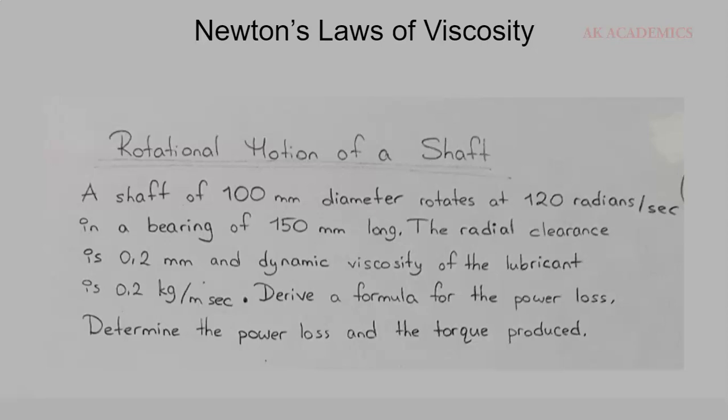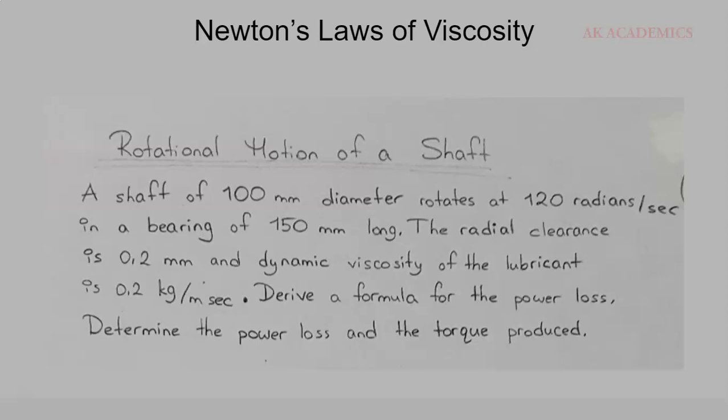A shaft of 100 millimeters diameter rotates at 120 radians per second in a bearing of 150 millimeters long. The radial clearance, which is our h, by the way, is 0.2 millimeters, and the dynamic viscosity of the lubricant is 0.2 kilogram per meter per second. Derive a formula for the power loss, and then determine the power loss and then the torque produced. We're going to find many more things as usual, okay?